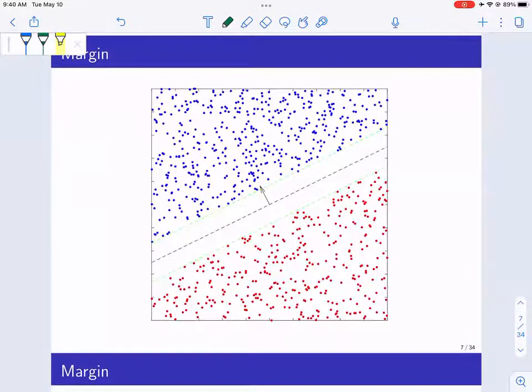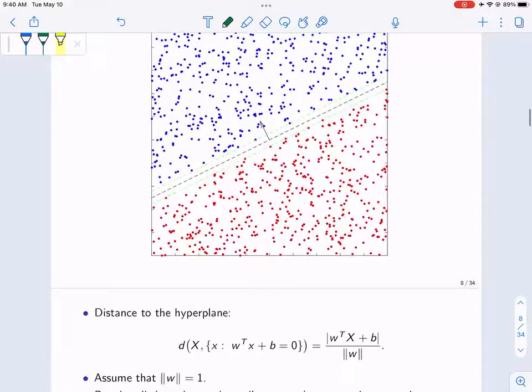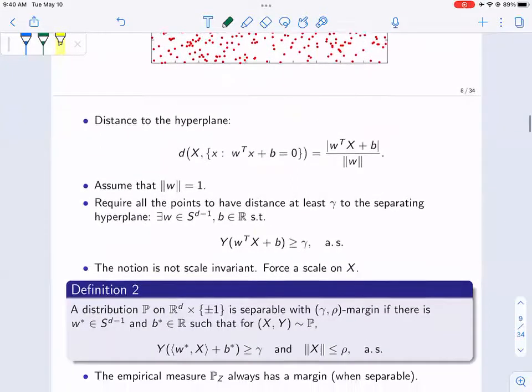So for separable data, there is this notion of margin, which is how far the closest point of each class is to a separating hyperplane. There are usually multiple separating hyperplanes, and the data has a margin if something like this holds.